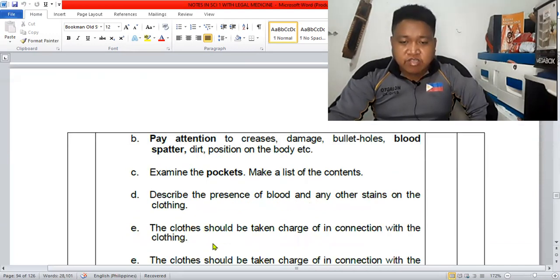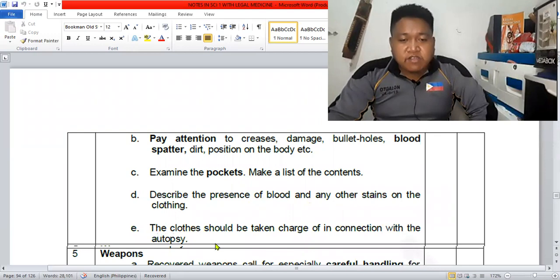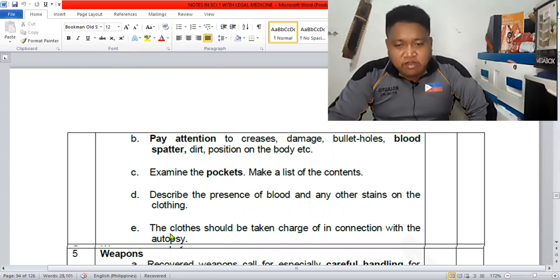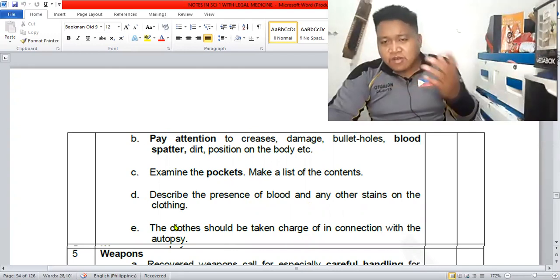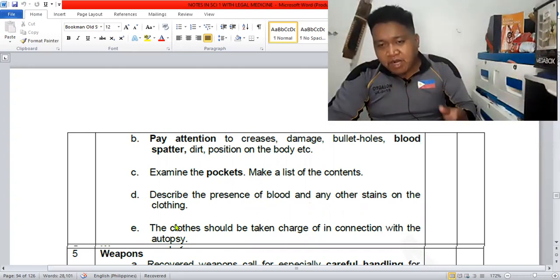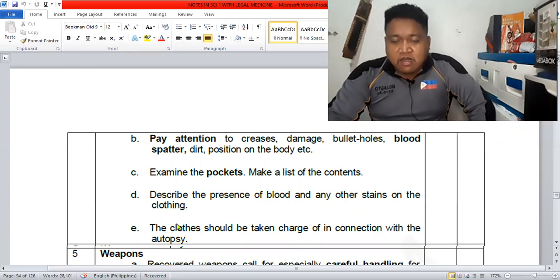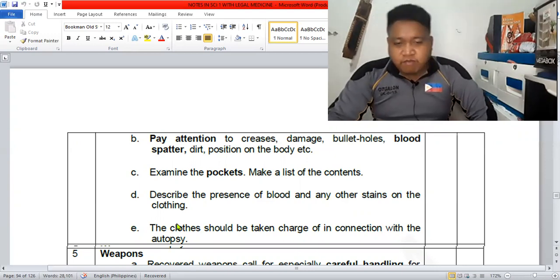Huwag mong ibulsa. Describe the presence of blood and any other stains on the clothing. The clothes should be taken charge of in connection with the autopsy. Yan. So tignan ninyo, mostly, this part, there is always the intervention of the medico-legal aspect.